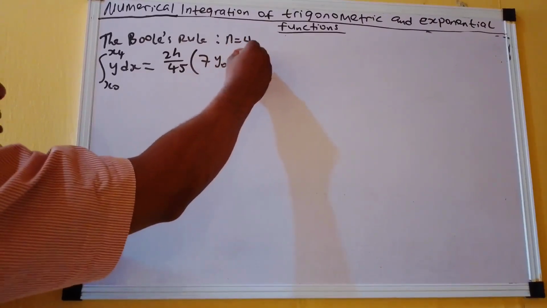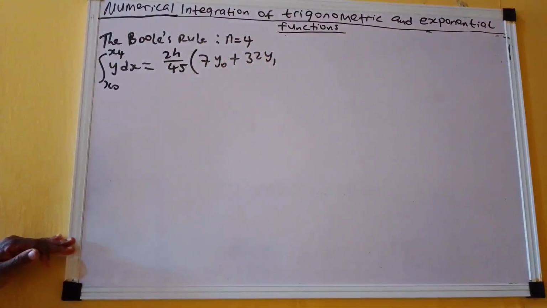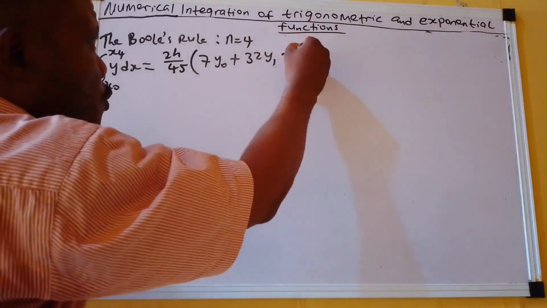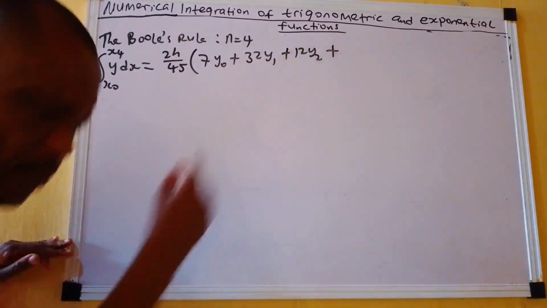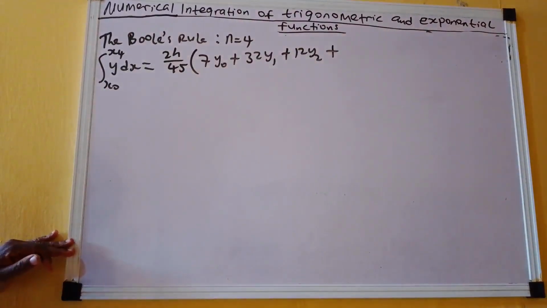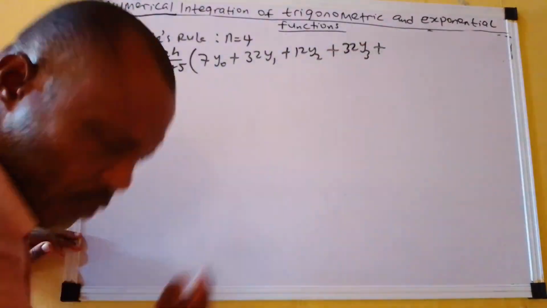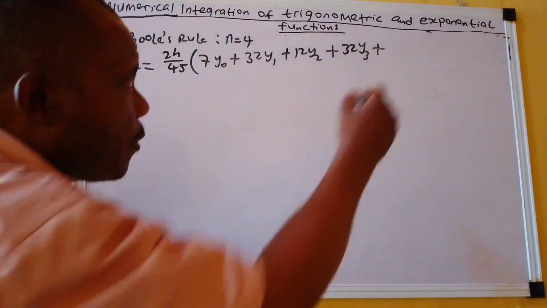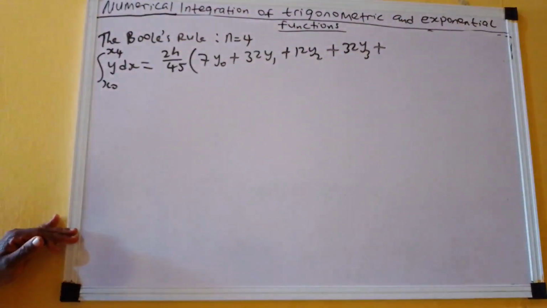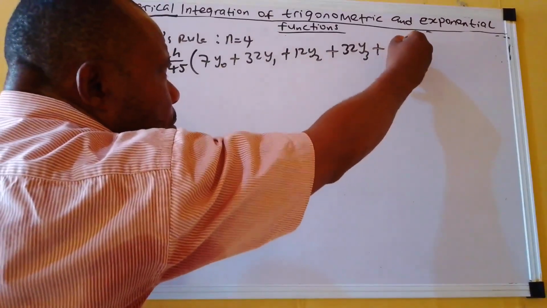y0 plus 32y1. Remember we used it in our last video. Plus 12y2 plus 32y3 plus 7y4.